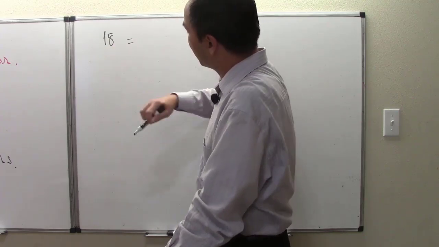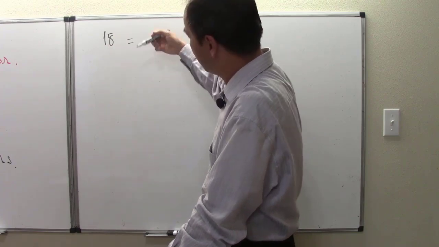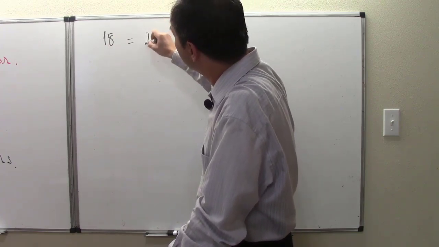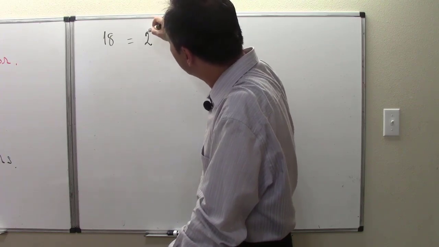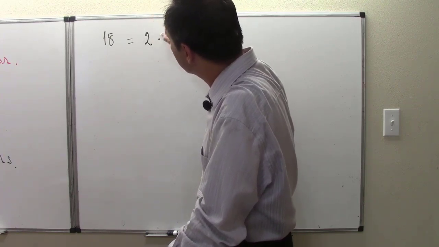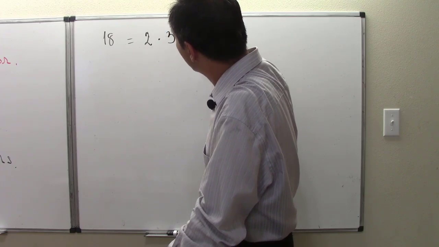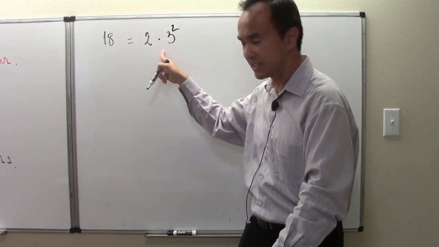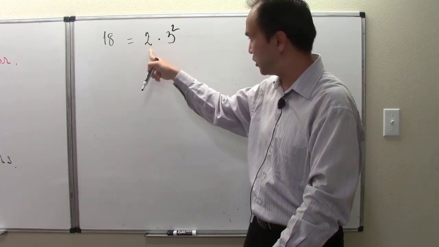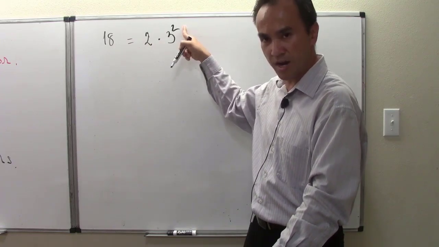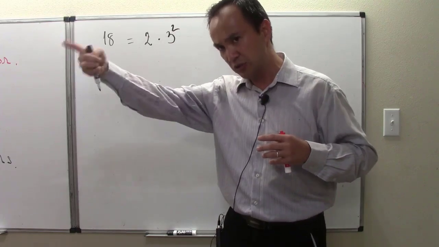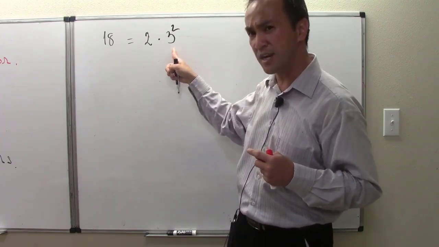So 18 right here, in terms of prime factors, has 2 as a prime factor times 3 squared. I have just now expressed 18 as a product of 2 prime factors, 2 and 3, but 3 here is a square. Think about it: 18 we know by heart is 2 times 9, but 9 is 3 squared.